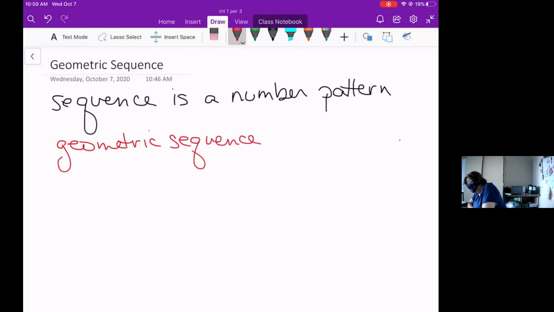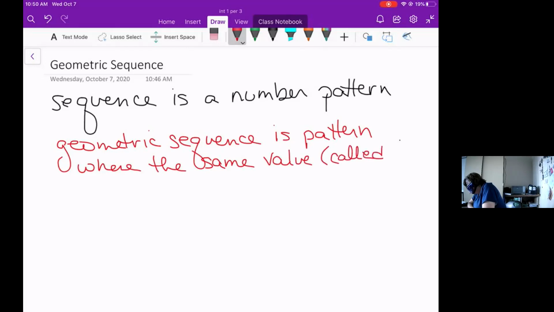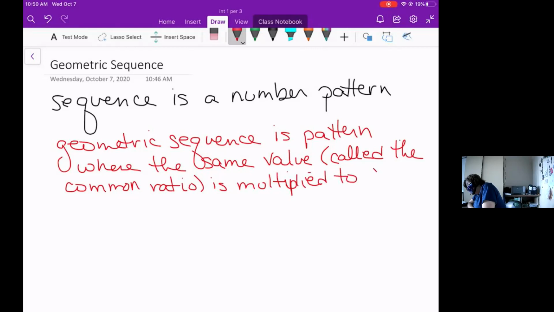A geometric sequence is a pattern where the same value, called the common ratio, is multiplied to find the next number.